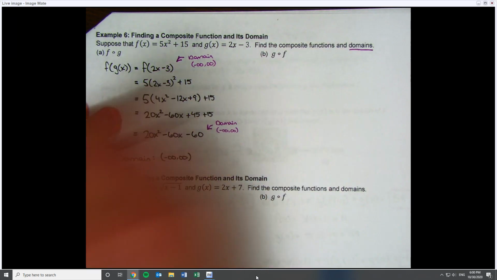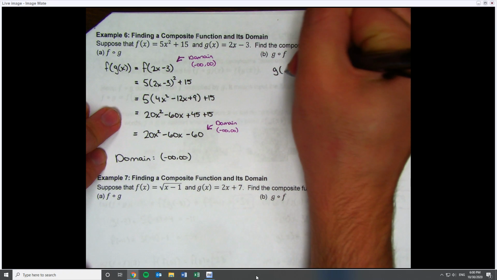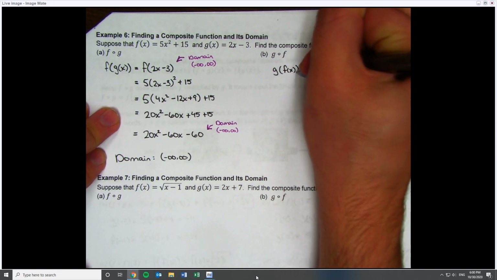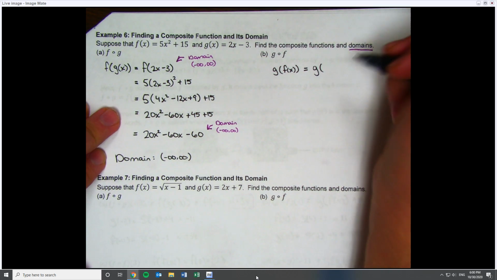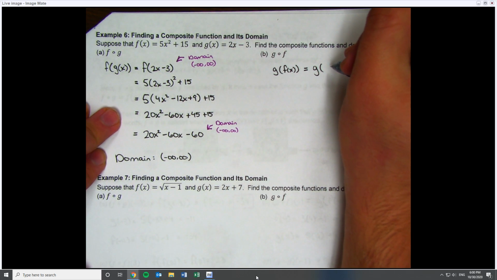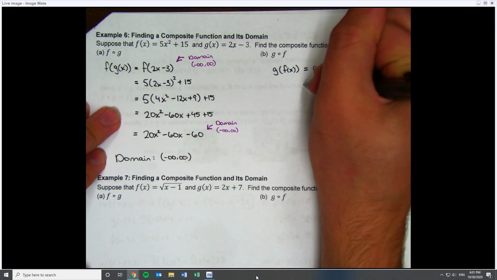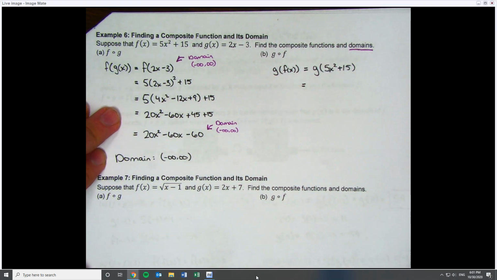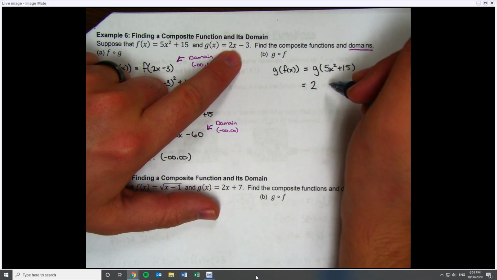So right here, wrong color. I'm evaluating g of f of x. So I'm going to start by writing down g of, now for this f of x, I know that to be equal to 5x squared plus 15. Now going through doing the rest of it, I'm going to fill in what g is. G starts with a 2. Then I have an x.